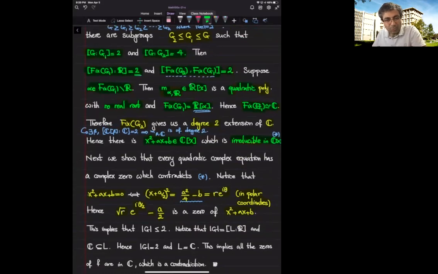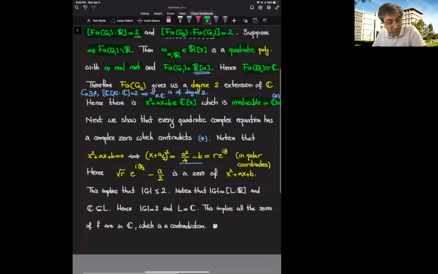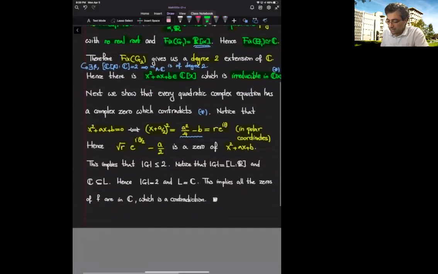Every quadratic equation over the complex numbers does have a zero. Let's see why this is the case. Suppose that I give you this quadratic equation, x squared plus ax plus b. I just use the completing the square method, and I end up getting that it is (x plus a/2) squared equals a squared divided by 4 minus b.